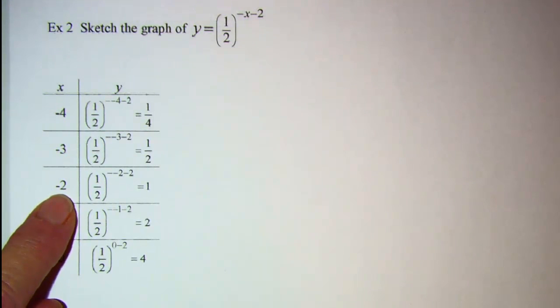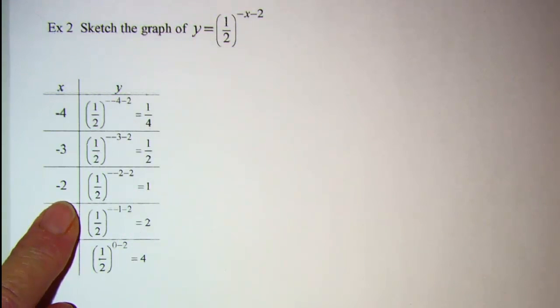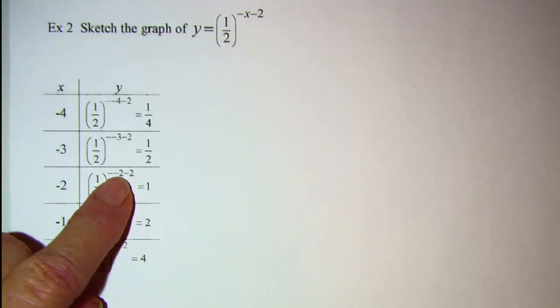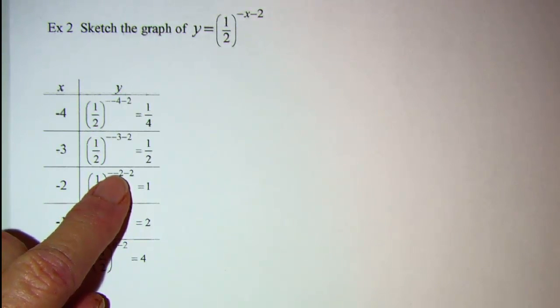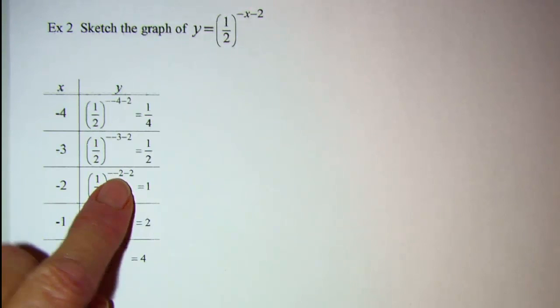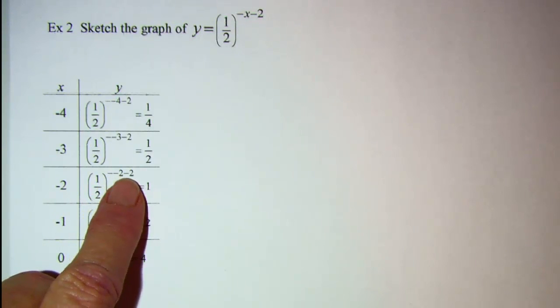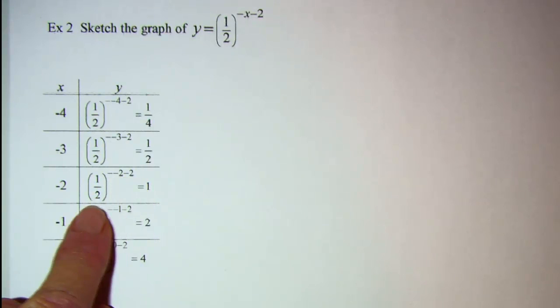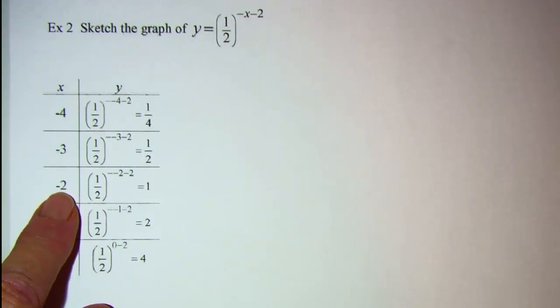So x equal negative 2 is the middle x value. And when I put that in, remember negative of negative 2 is the same as positive 2. So I have positive 2 minus 2 is 0, so this value is 1.